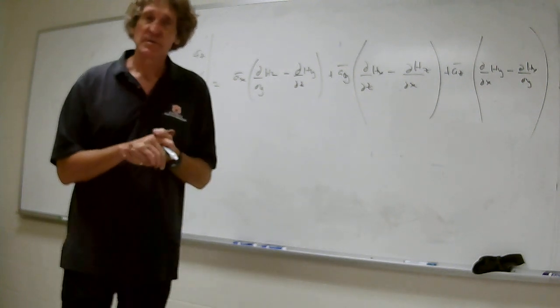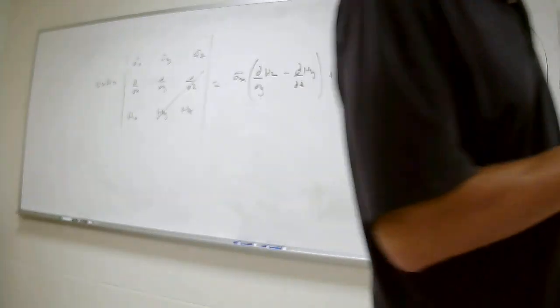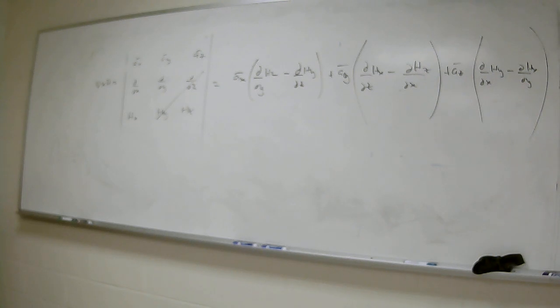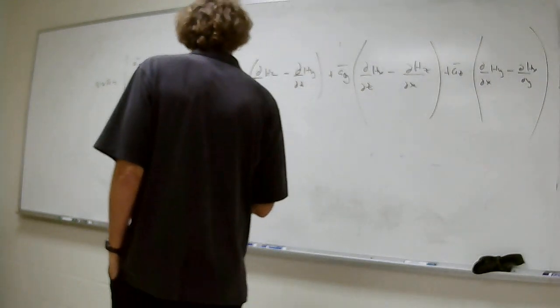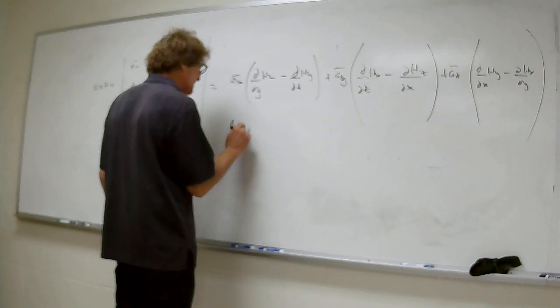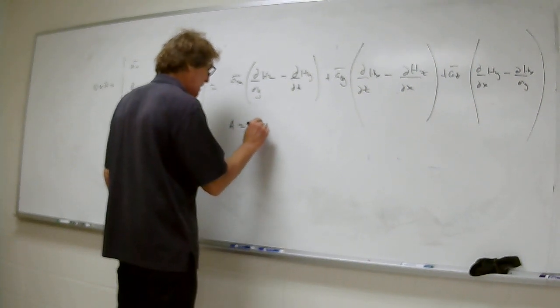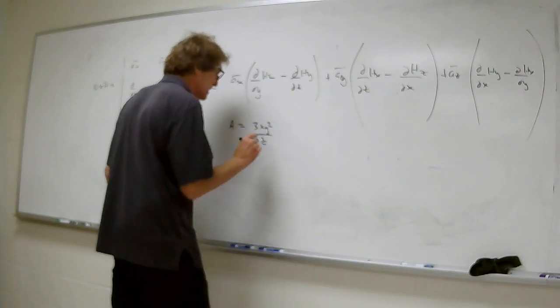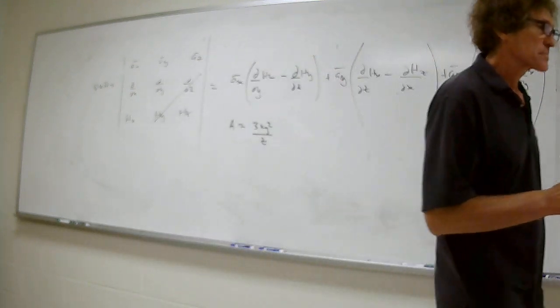For his, does he give a problem in the back? I almost think it's too trivial, but if you look at part A on problem 4.24, he has 3xy squared over z. It doesn't matter if you call it A or H, but he calls it A. So A is equal to 3xy squared over z, I forgot what direction it's in.